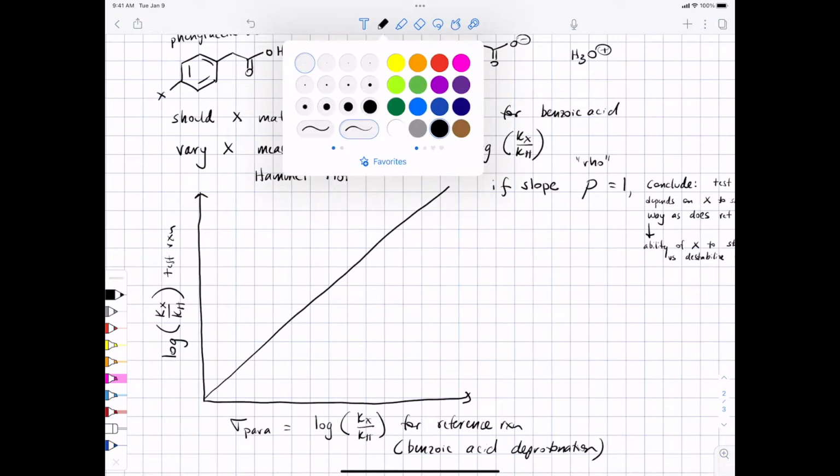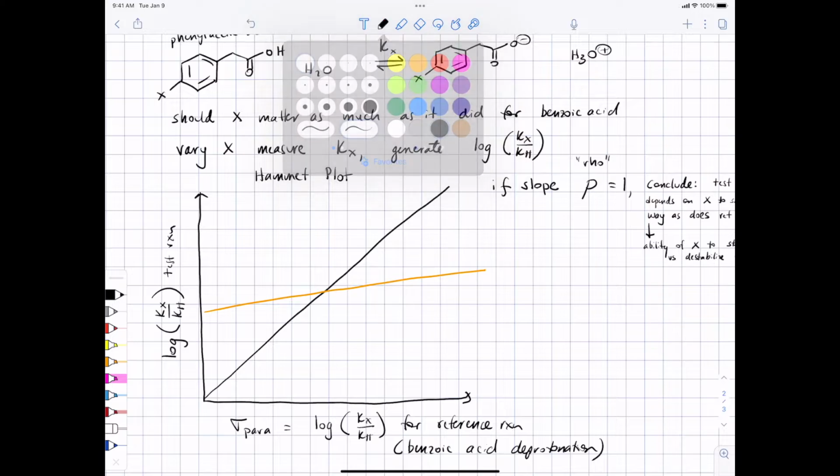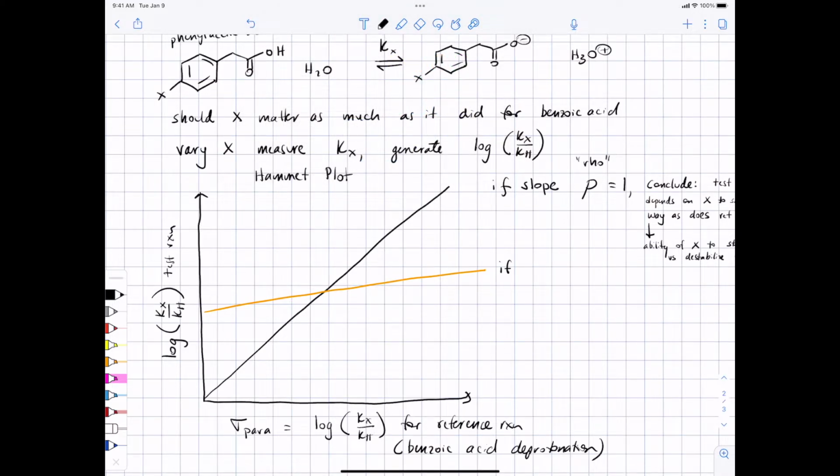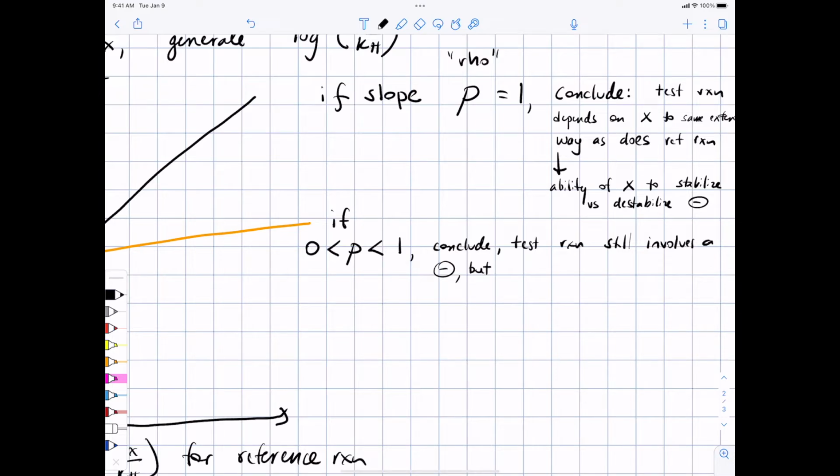If, in contrast, we observe that the slope is between one and 0, then we conclude the test reaction still involves negative charge, but X matters less.